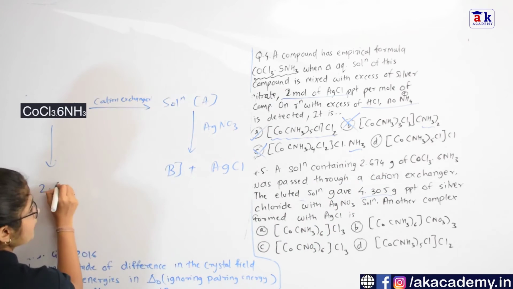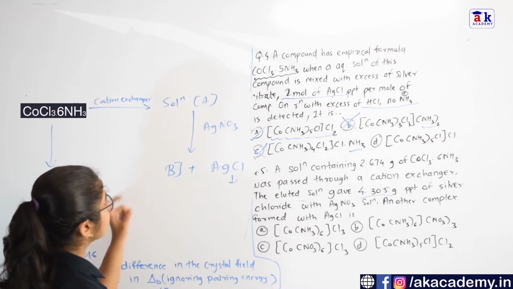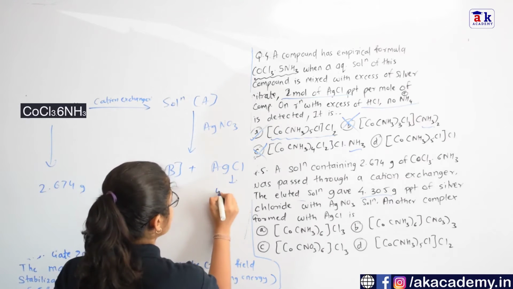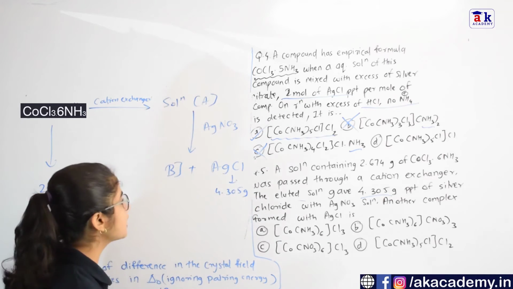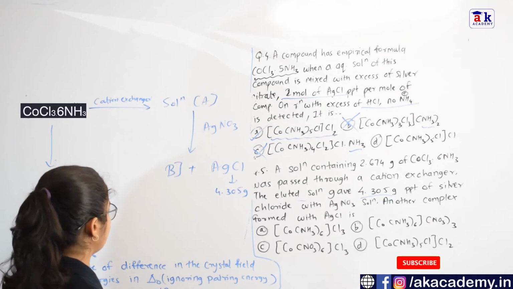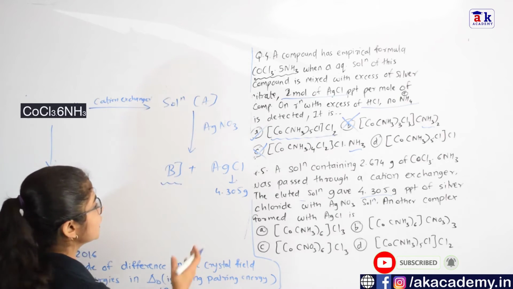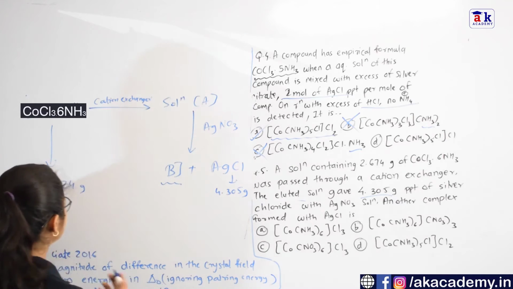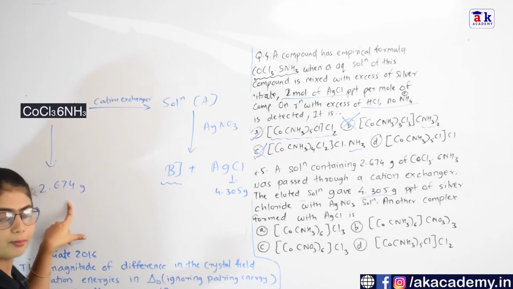Initially the reactant CoCl3·6NH3 present was 2.674 gram, and in the end, when the eluted solution was treated with AgNO3, it gave 4.305 gram of AgCl. We are supposed to find out B, not A. We know how to find moles when the weight is given: just divide the gram quantity by the molar mass.